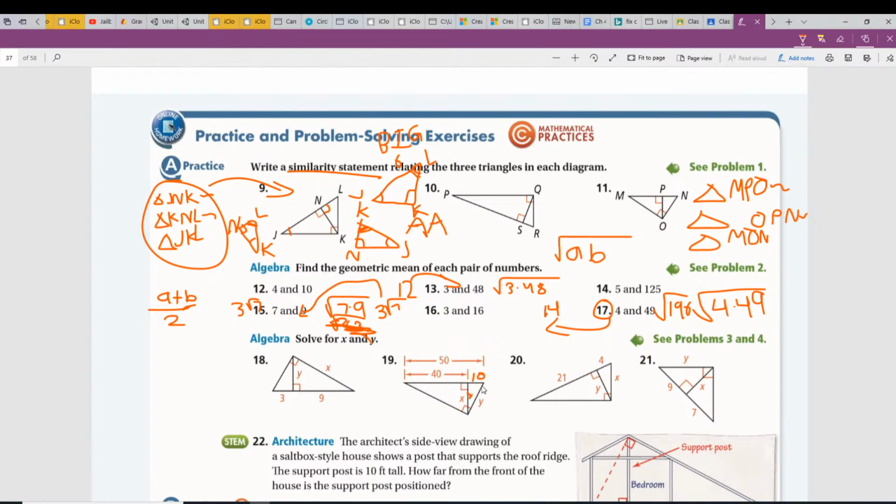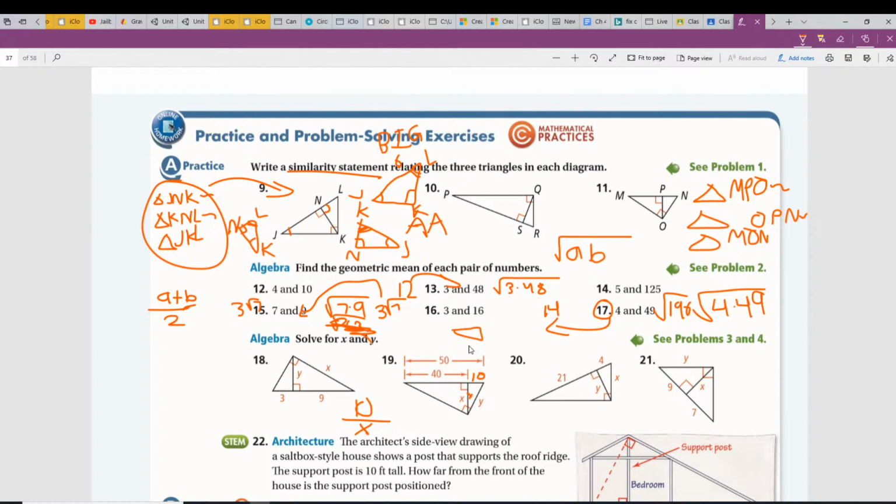Here's why. Because this triangle right here, if you flip it around, then it'll be similar. So technically 10 divided by 40, actually it's 10 divided by x, sorry about that. 10 divided by x, I'm actually going to separate it to better explain it.